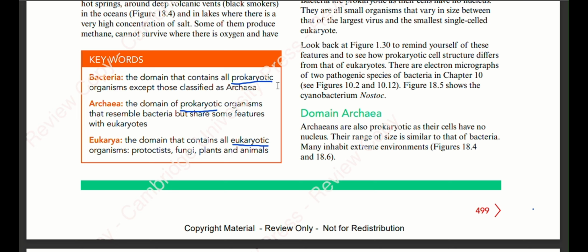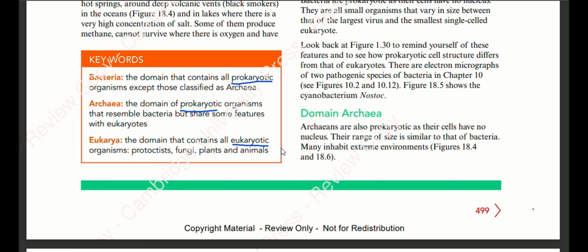So bacteria and archaea are similar in lacking a nucleus in their cells, but they are not similar in many other ways. So let us see what those are.